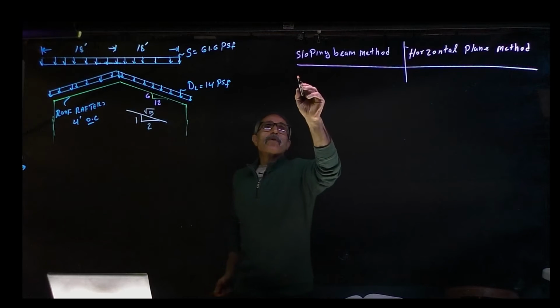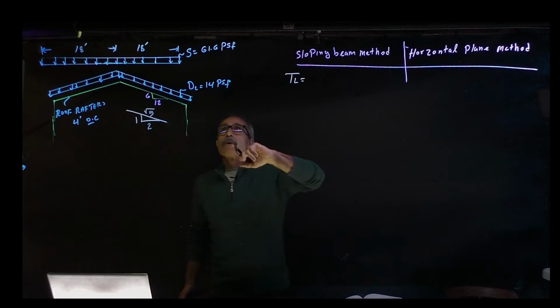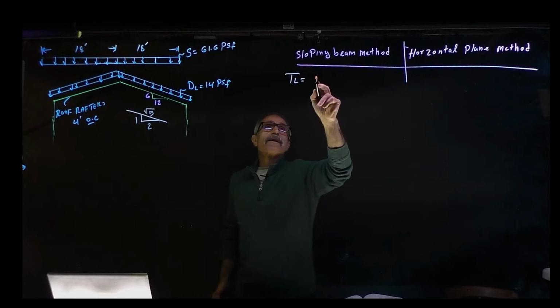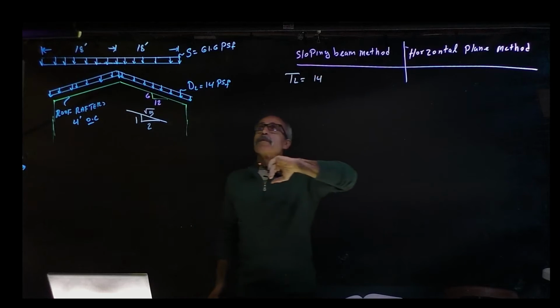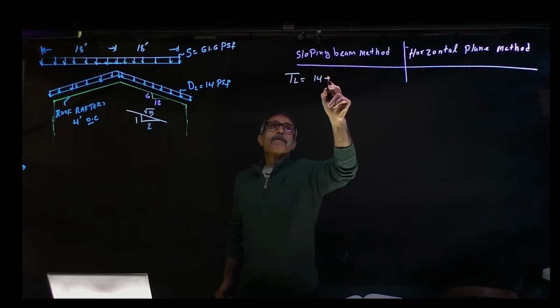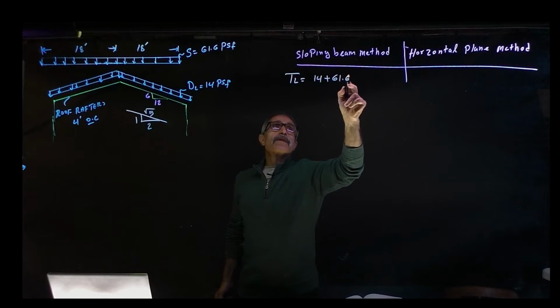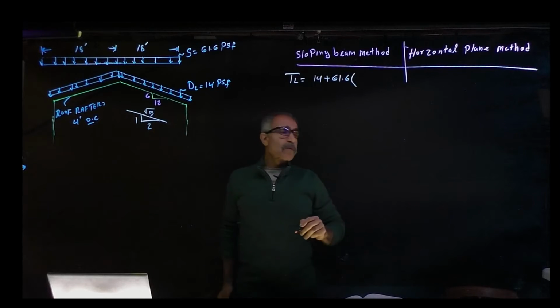I'm going to have the total load right here for the sloping beam method. It's going to come out to be 14 pounds, because we're going to use the sloping method, plus, converting this to this angle, 61.6 multiplied by 2 divided by square root of 5.